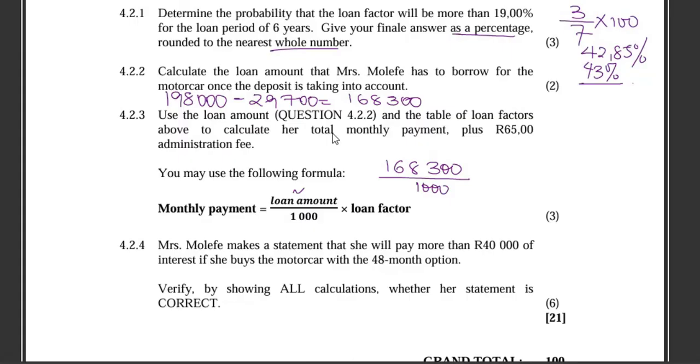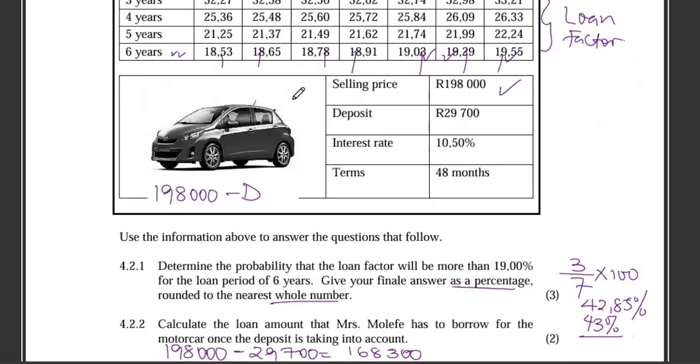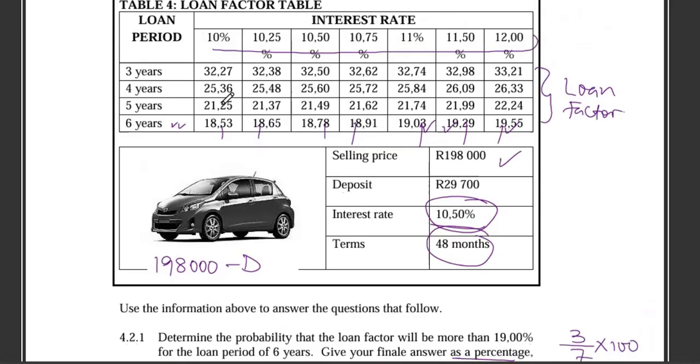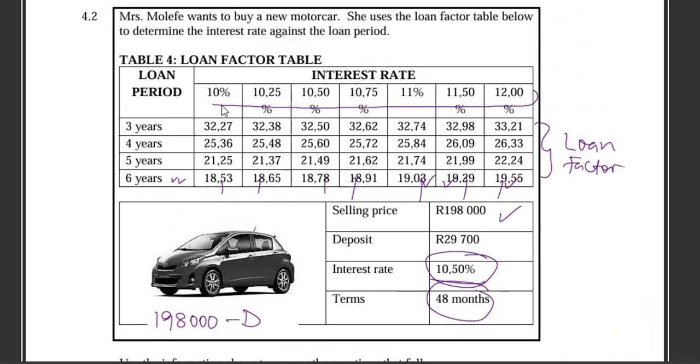So how do we get the loan factor? Remember, the loan is going to be for 10.5% interest, which is here, and 48 months, which is 4 years, which is here. Where do they meet? Here, this is the factor now.